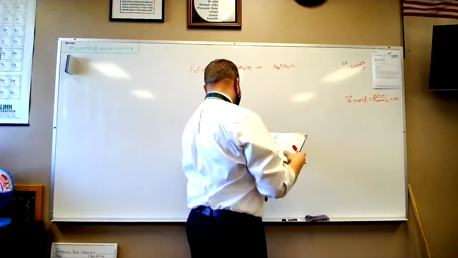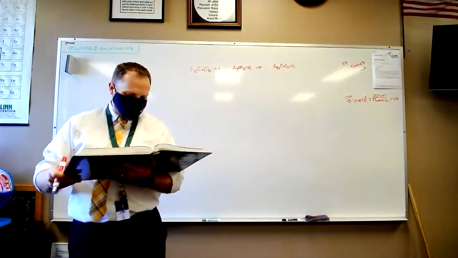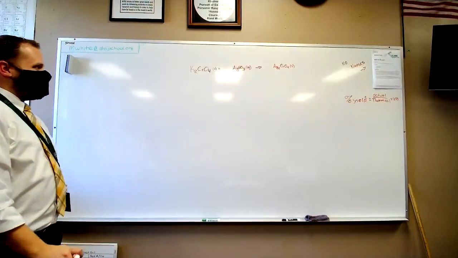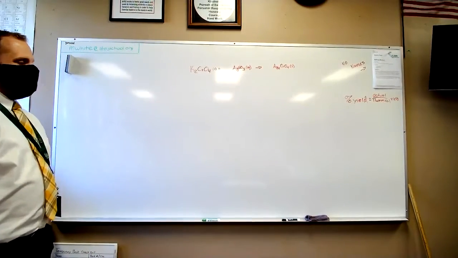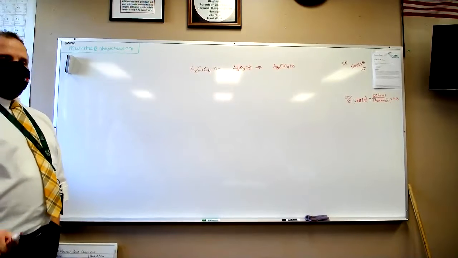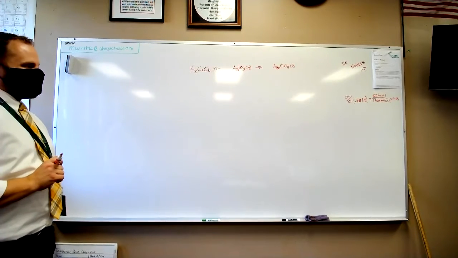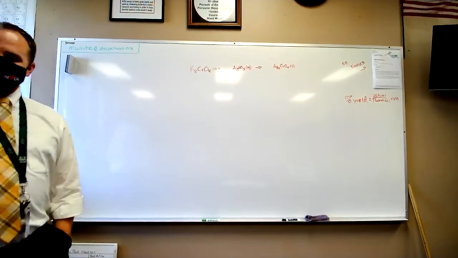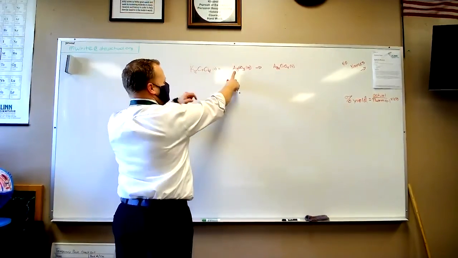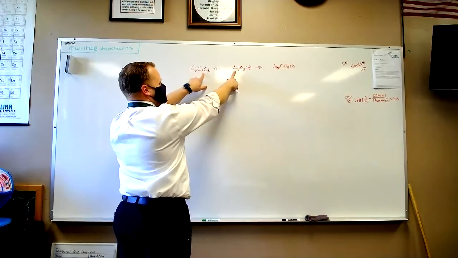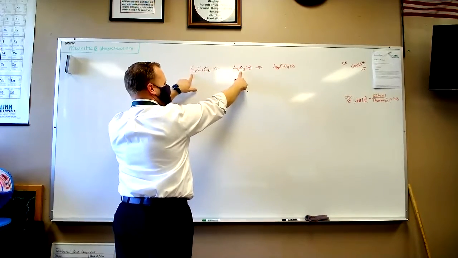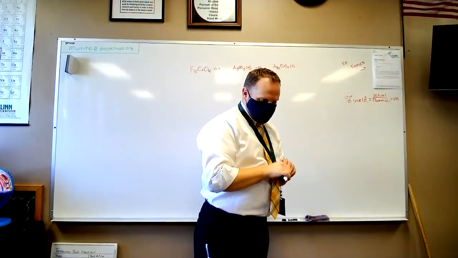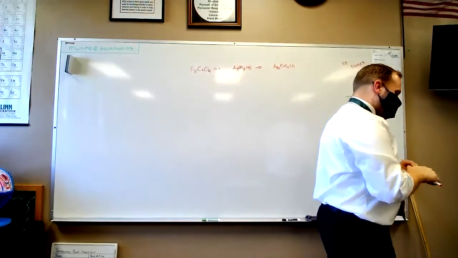Now it doesn't tell us our final product, okay? That we kind of have to figure out, but this is where knowing types of reactions comes in handy. This is going to be a double replacement, okay? So we've taken the silver, we put it with the chromate. Well, that means our potassium has to pair up with the nitrate. Potassium nitrate.